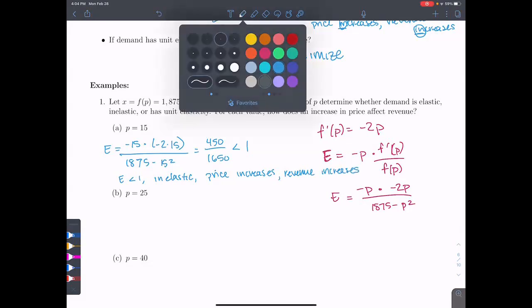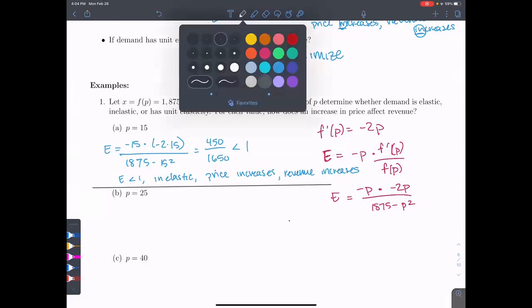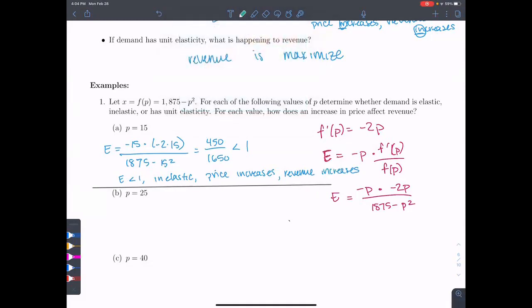Okay. Then when P is 25, we have E equals negative 25 times negative 2 times 25 divided by 1875 minus 25 squared, which is 1250 over 1250.